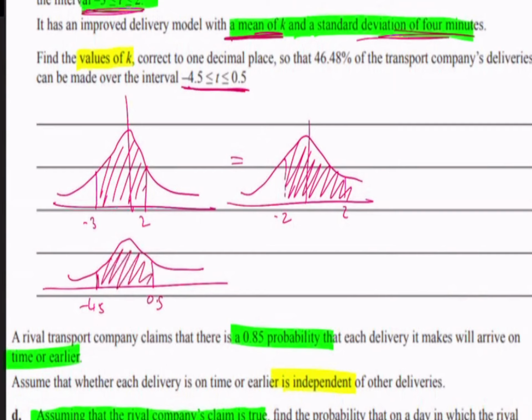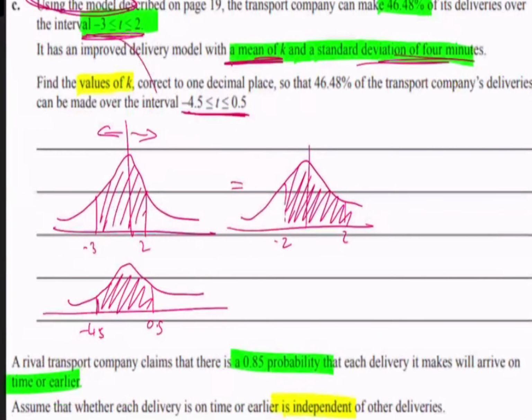And we want to find how much we've moved k. Like in this diagram, it's where we've moved this y-axis. You can see that the -3 terminal has become -4.5, and the 2 terminal has become 0.5. So you can easily see that the x translation that's occurred is that they've moved it to the left by 1.5.